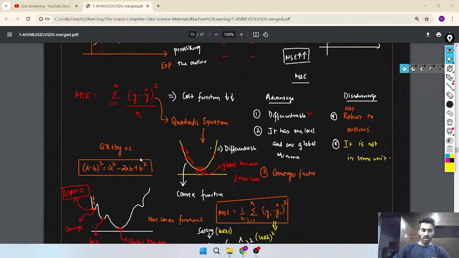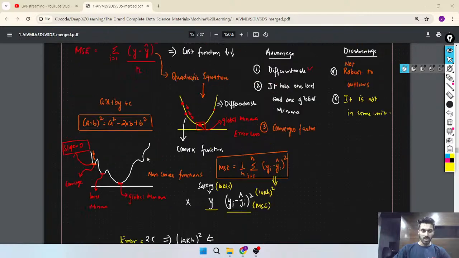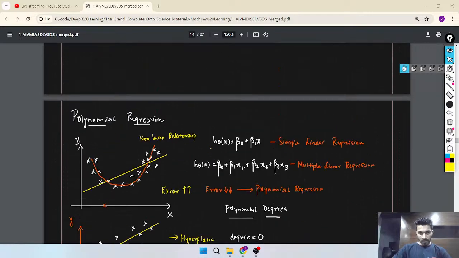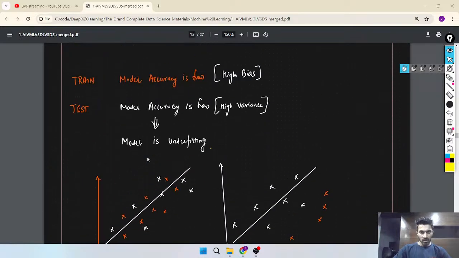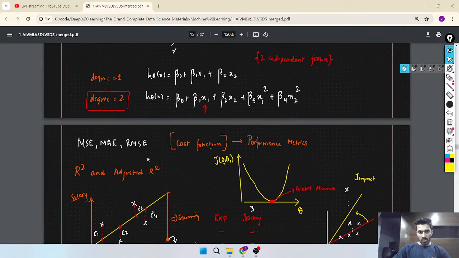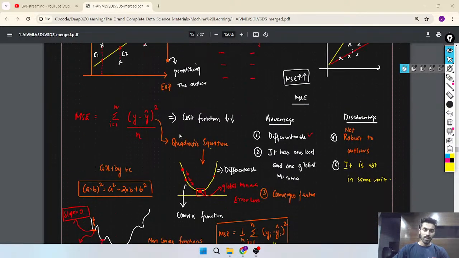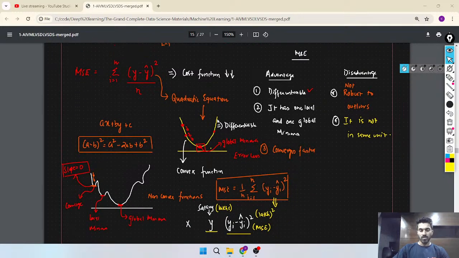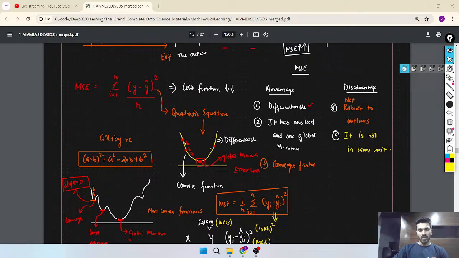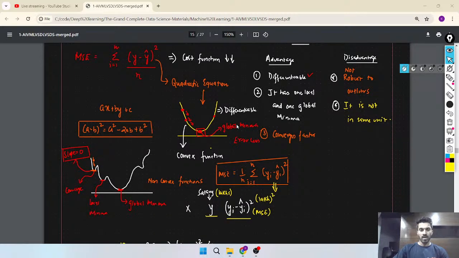I don't remember the exact name, but I think we say gradient descent, a quadratic equation which is differentiable. And MSE is used to find the global minima of this equation.